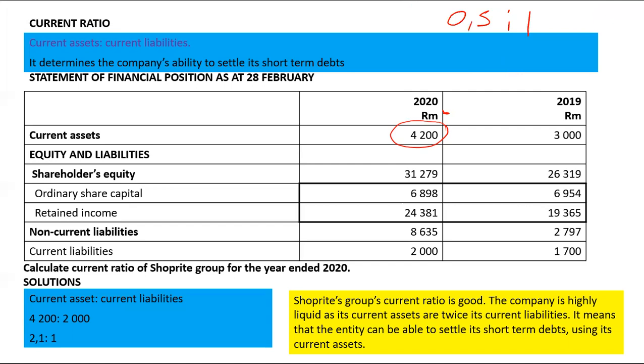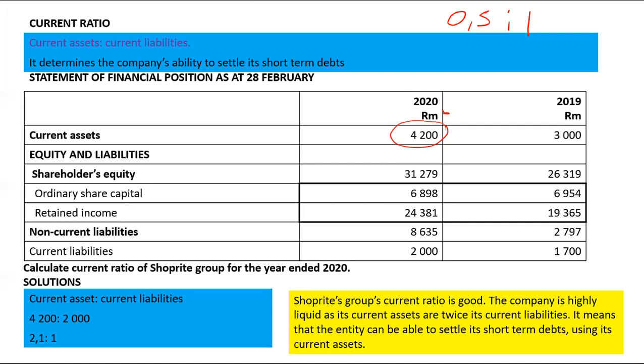It's low. Elaborate further. They've got more current liabilities than they do current assets. Therefore, their ability to settle short-term loans is bad.